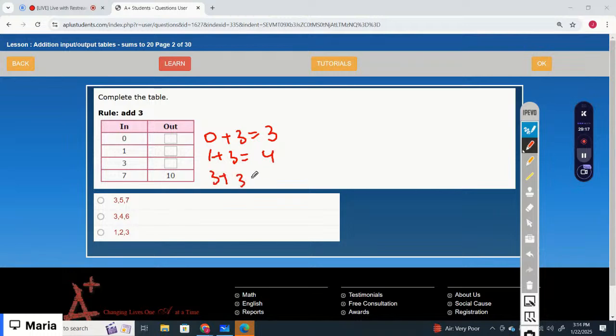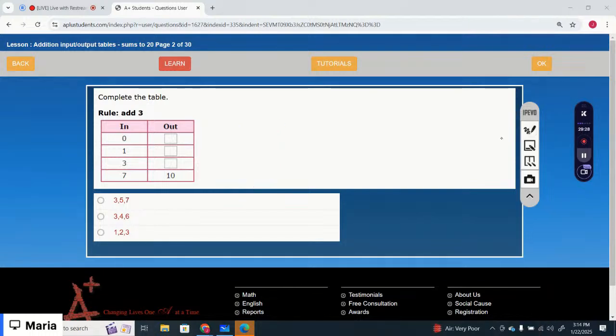And 3 plus 3 makes 6. So the correct option is 3, 4 and 6. Option number 2 is the correct option. Very good.